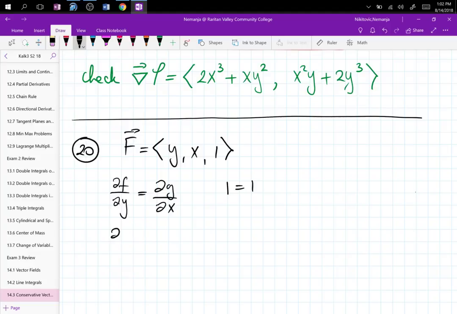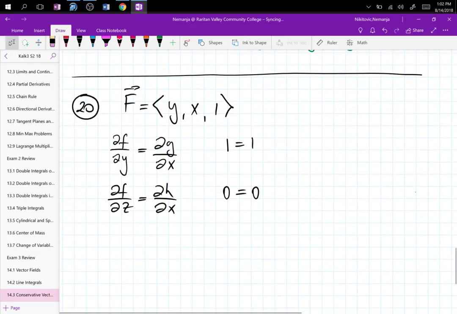Let's go. Partial f, partial z needs to be partial h, partial x. Partial f, partial z is 0, right? And partial h, partial x is 0. Well, it passed that one.